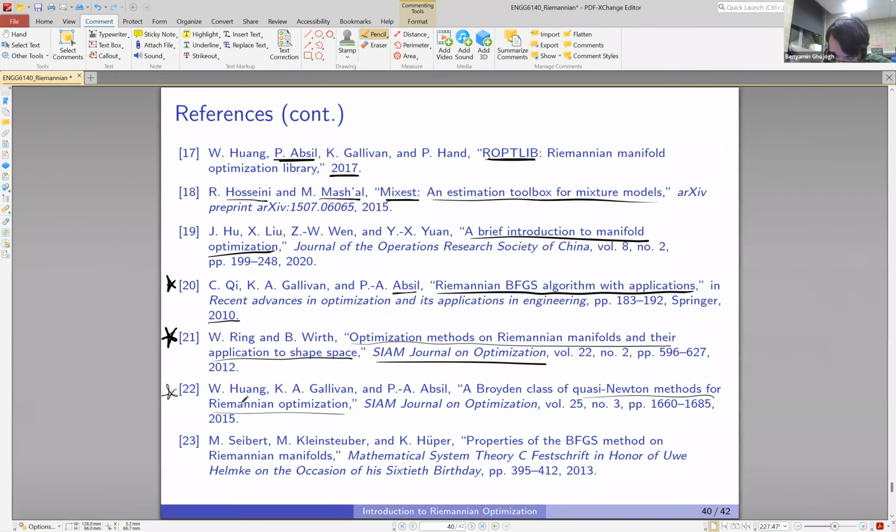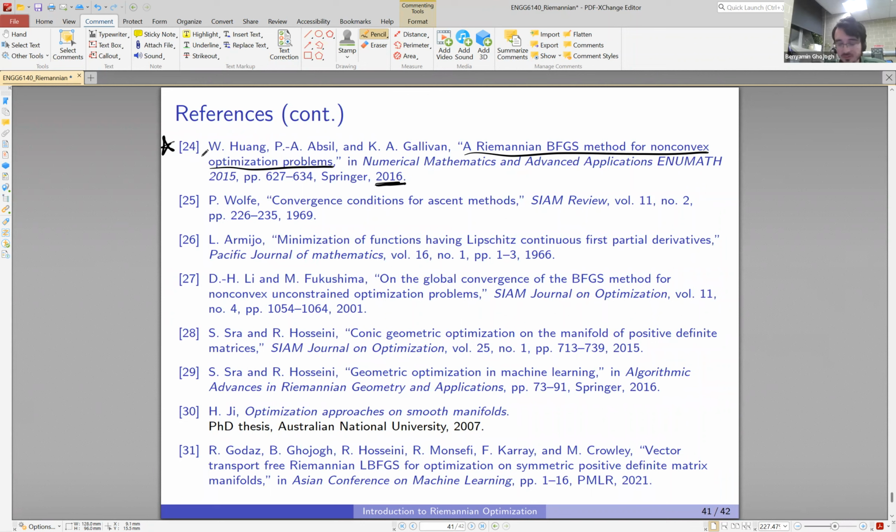This is also talking about the convergence of Riemannian BFGS. Both of these talk about that. This talks about the properties of the Riemannian BFGS algorithm in 2013. Again, 24 is cautious RBFGS.